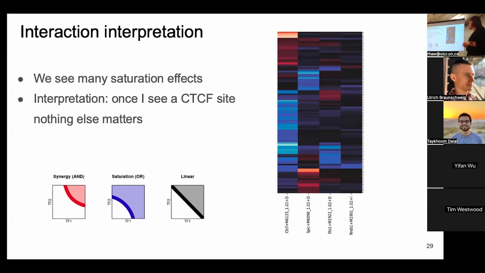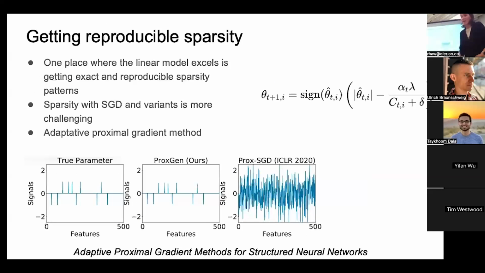So it's a very strong activator of open chromatin, and really you just need one. And once you have one of those, nothing else matters, and you can put whatever else you want. It's not going to become more open. So that's fairly consistent with what we understand. So, right.